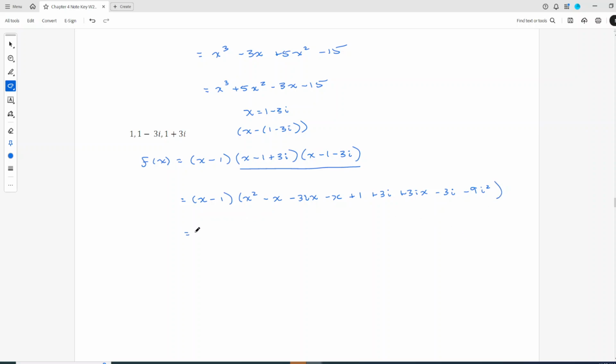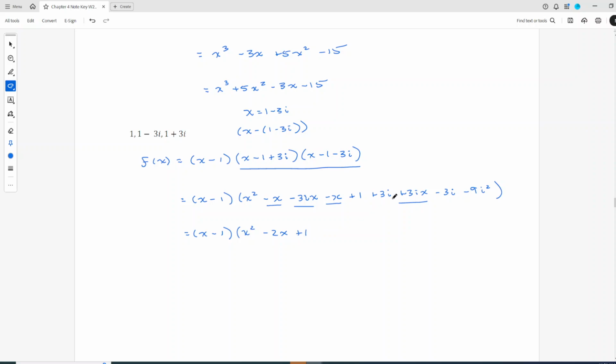Holy, I will not make you do a lot of these. But this is proving to you, even when we get a zero like 1 minus 3i, you're not going to be able to tell from your polynomial function. So the next thing we're going to do is collect like terms. We've got an x squared. I've got a minus x and another minus x, which is going to give me a minus 2x. I'm really hoping I did not make any small mistakes here. Then I've got a minus 3ix and a plus 3ix. Oh, sweet. I've got a plus 1.